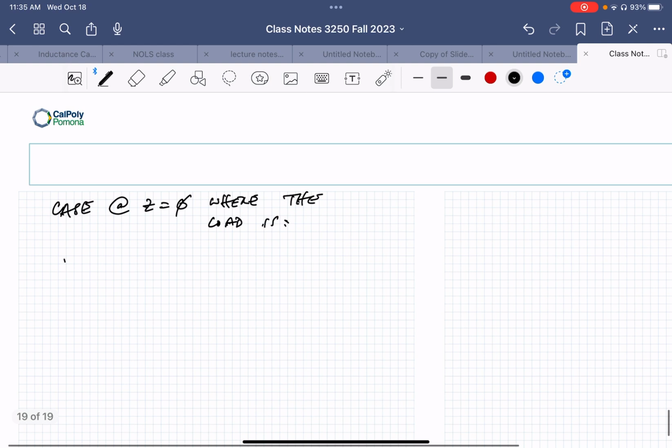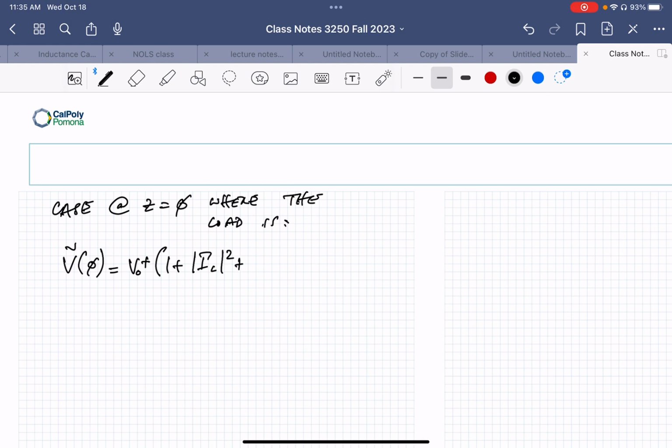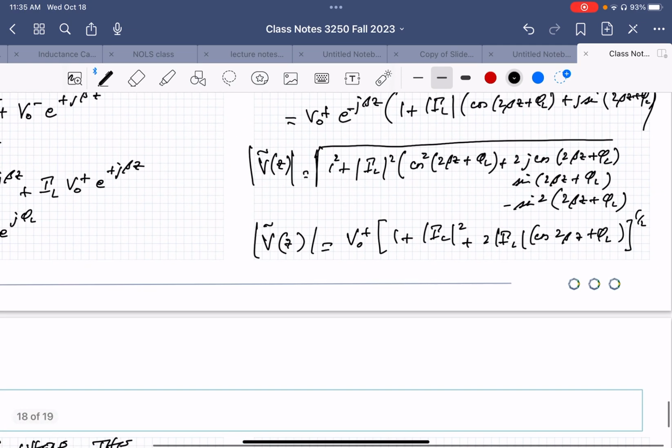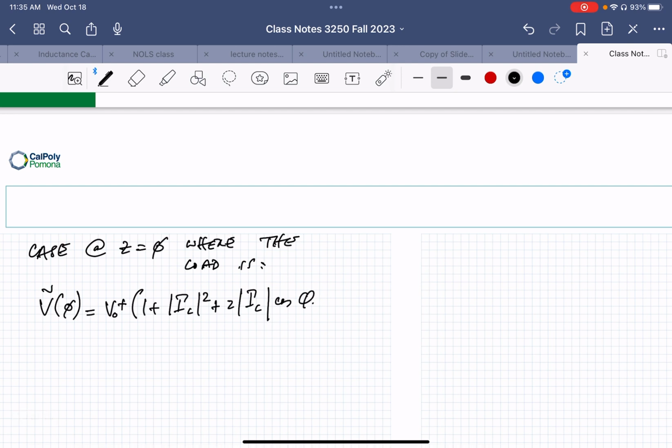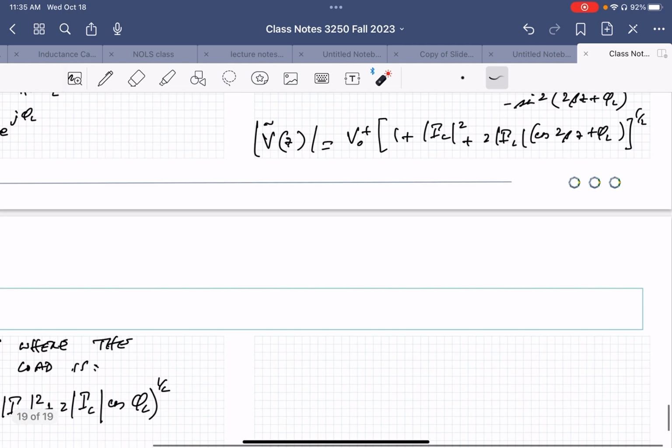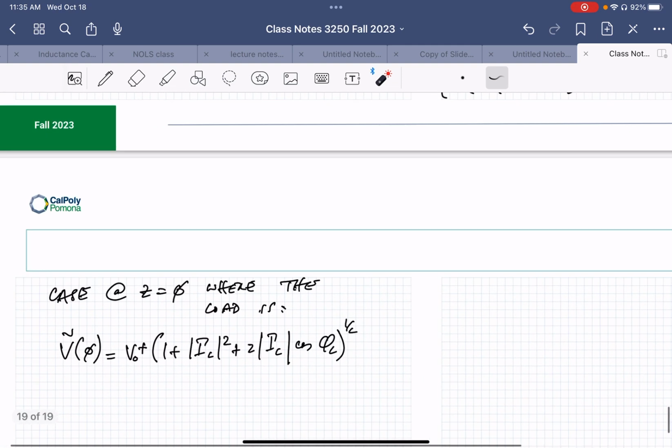So v at z equal to 0 is v0 plus times the square root of 1 plus gamma sub L squared plus 2 times gamma sub L cosine of phi sub L. Basically what I did is I took this equation and plugged in z equal to 0.